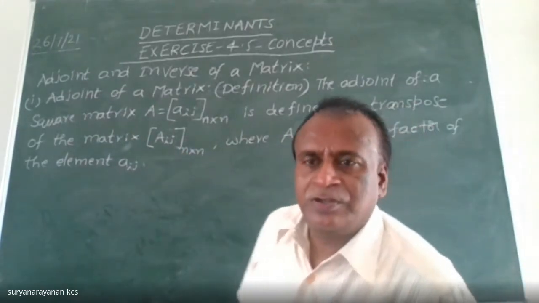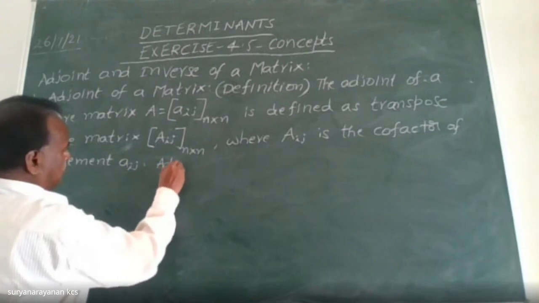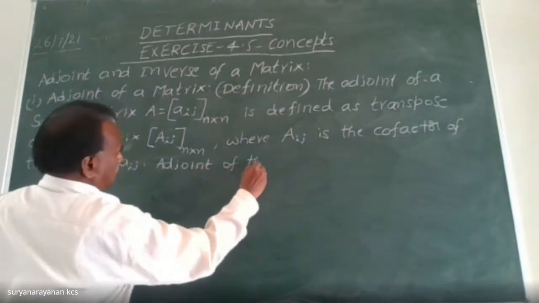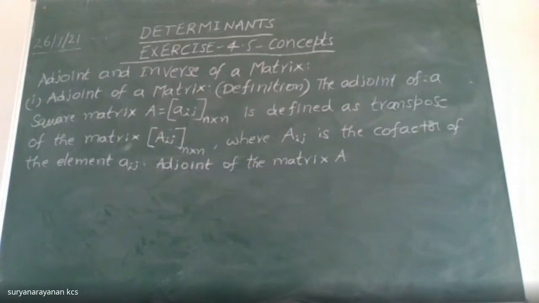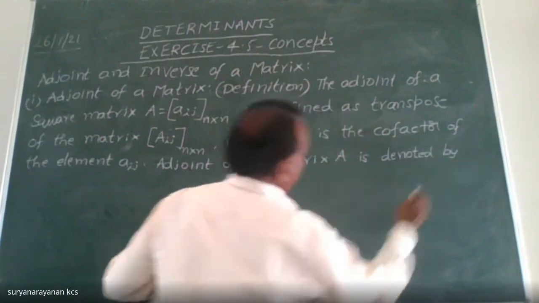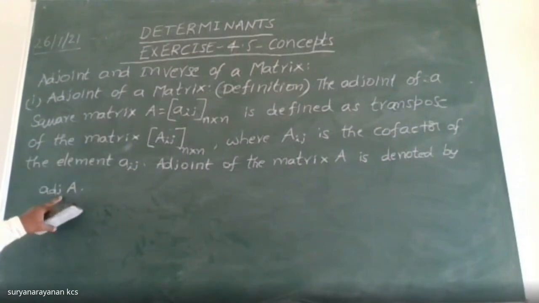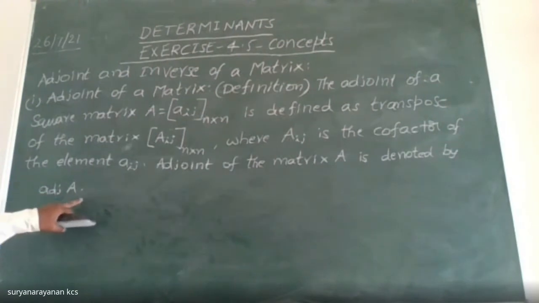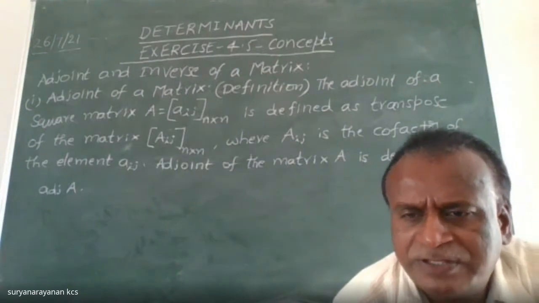Then we get the adjoint of A, and it is denoted by small letter adj, capital letter A. This denotes adjoint of the matrix A. This is about the definition and the notation of adjoint of a matrix.